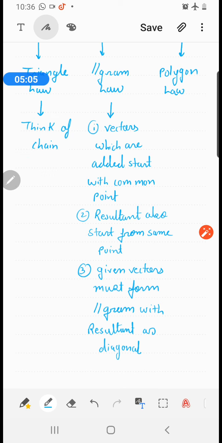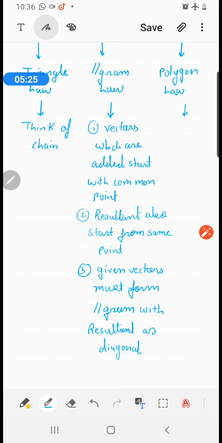So when I say parallelogram law, you should tell me, sir, three steps. Number one, all the vectors which we are adding should start with a common point. Number two, the resultant vector should also start from the same point. And number three, the given vectors should form a parallelogram with the resultant vector as the diagonal. And the third law is polygon law.